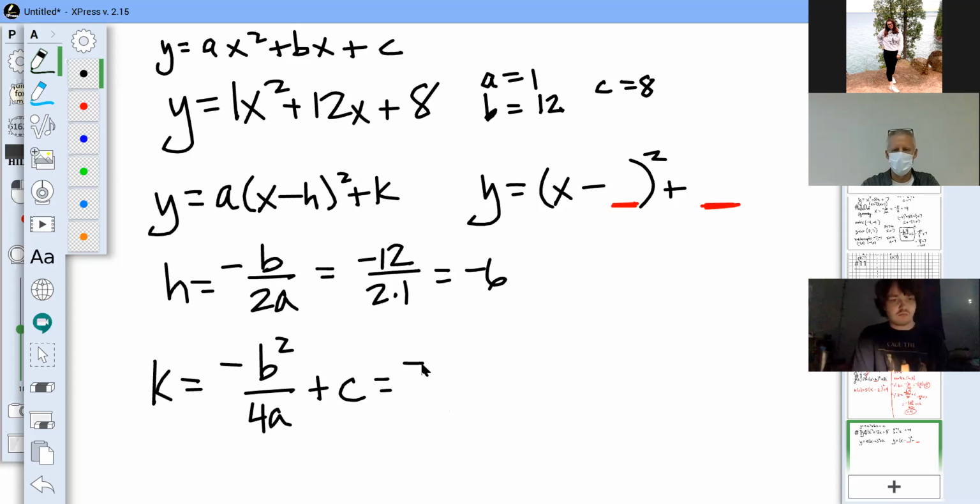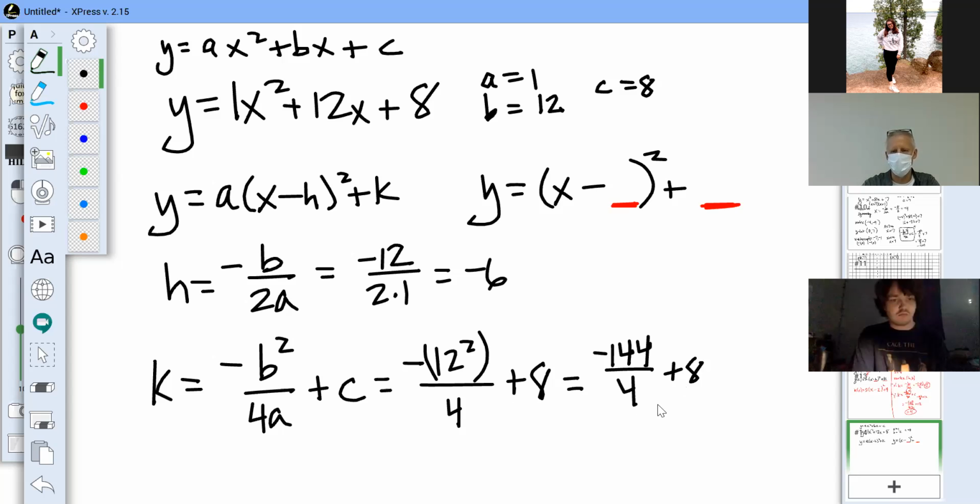So I'm going to do the opposite of 12 squared divided by 4, plus 8. That's -144 divided by 4 plus 8.